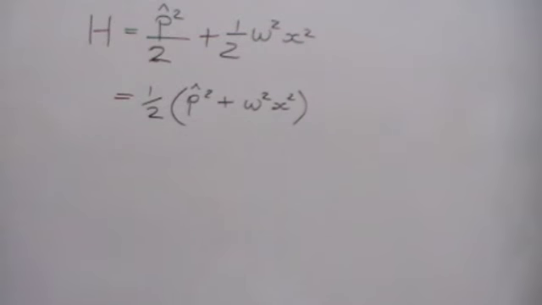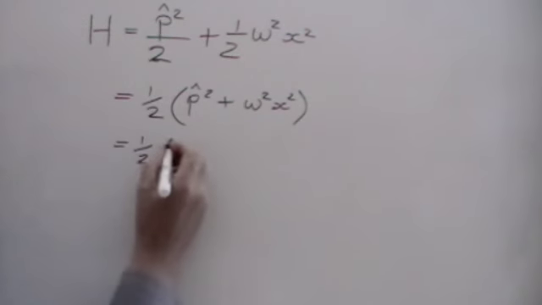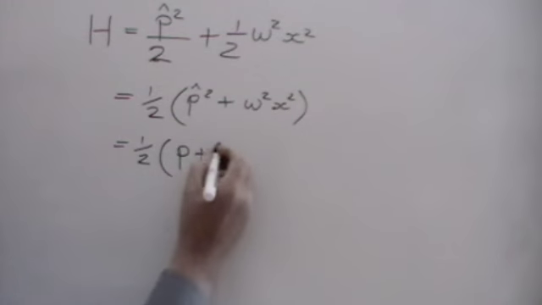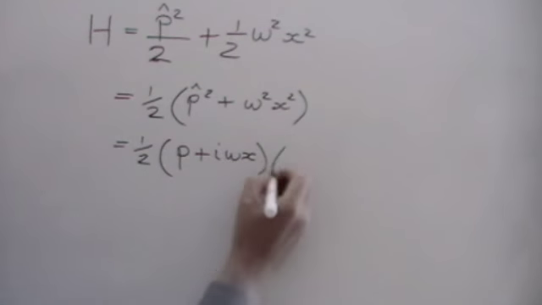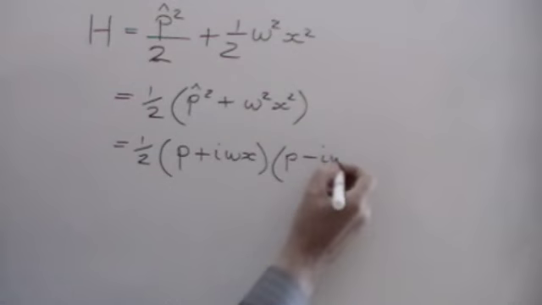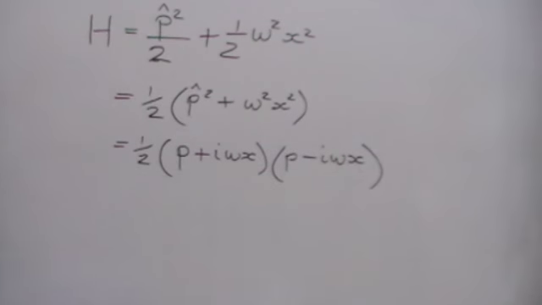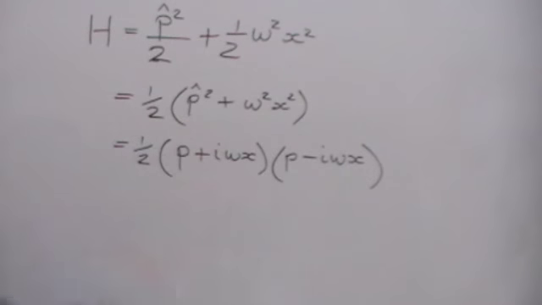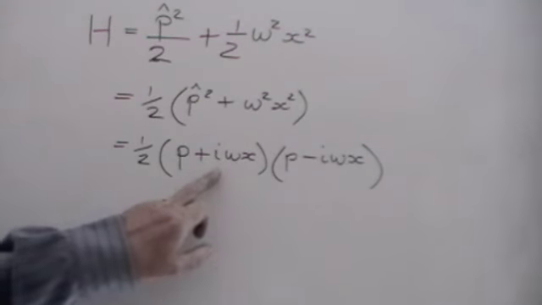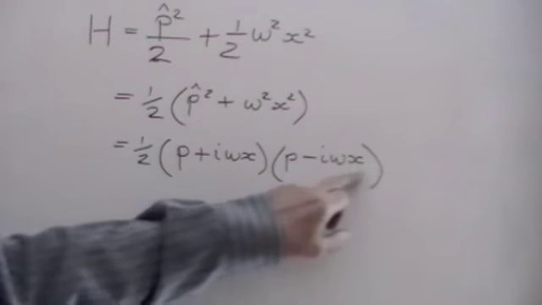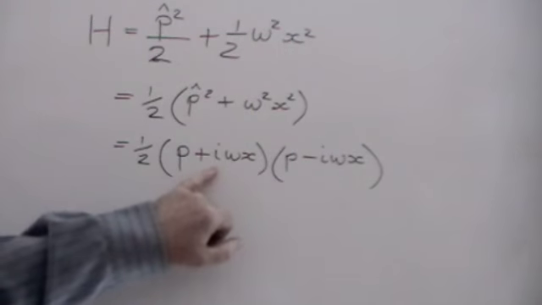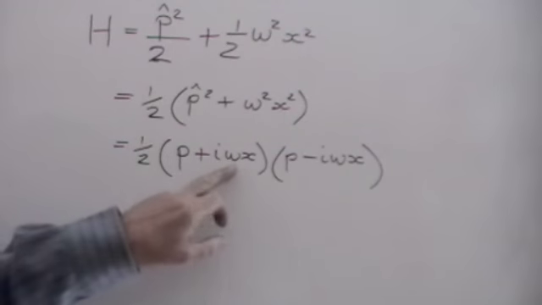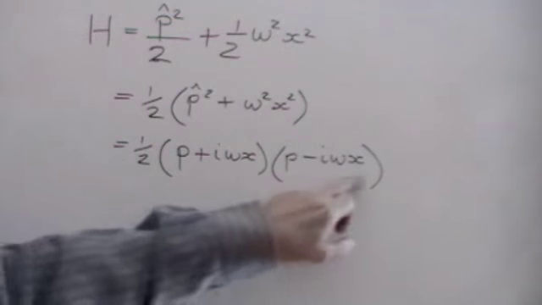And I want to factorize that and see where we go. So that's going to be 1/2 into p plus i omega x, p minus i omega x. If you look at that, classically, p times p gives you p squared, plus i omega x times minus i omega x gives you minus i squared, which of course is plus 1, times omega squared x squared.